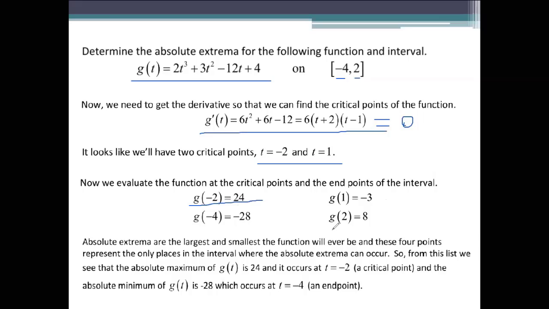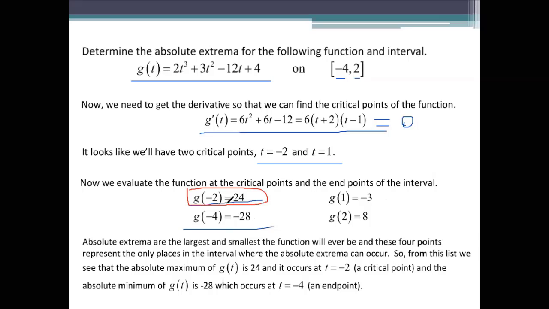So the smallest one is -28 and the largest one is 24. So we have 24 and -28.